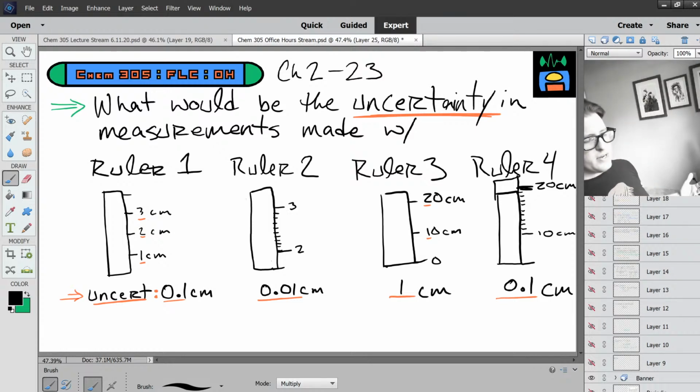So when they're talking about uncertainty in problem 23, it's the same thing that we talked about when we talked about the uncertain digit. Uncertainty is the uncertain digit. It's one beyond the last scaled marking on the ruler.